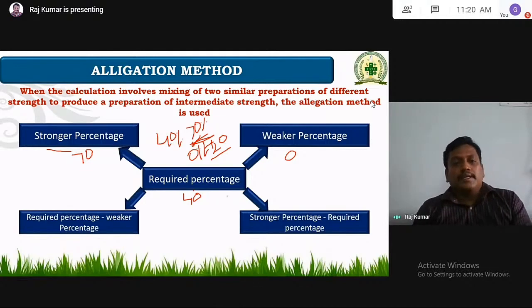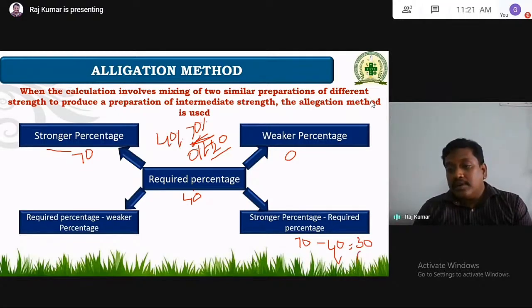So look here. Stronger percentage minus required percentage: 70 minus 40. 70 minus 40 is equal to 30. So 30 parts.